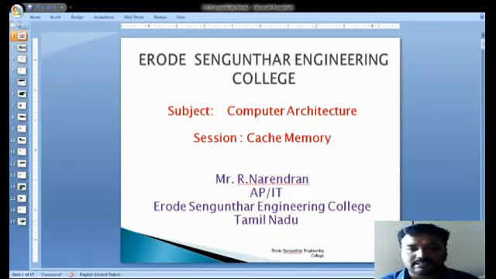This session will give you a quick overview of what cache memory is and its performance oriented concepts, followed by the various cache memory oriented problematic topics. Myself, R. Narendran, working as assistant professor in the Department of Information Technology in Erode Sengunthar Engineering College. With no further delay, we shall move on to the session of cache memory in computer architecture.